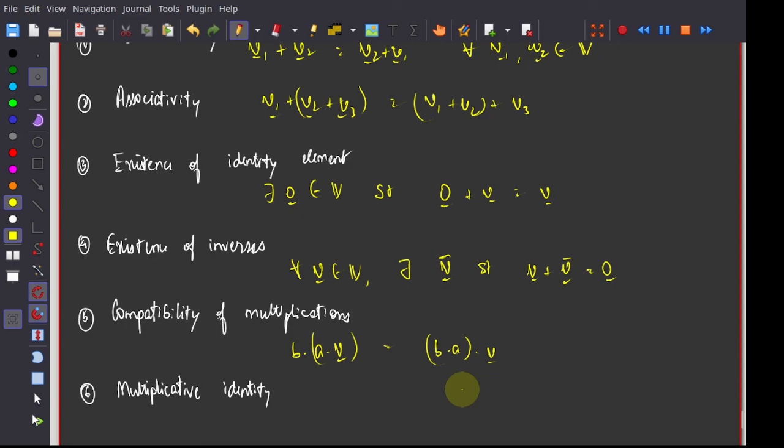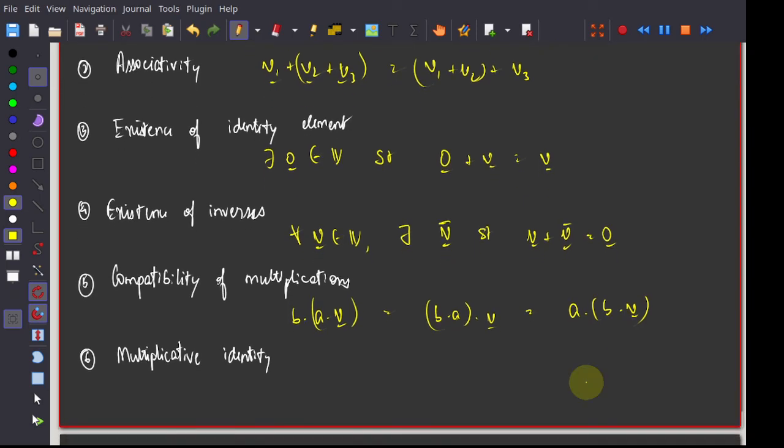So basically, all of these things are compatible and also equal to A times V times V. And the multiplicative identity, so if 1 is the multiplicative identity, it's a field element, then 1 times V is equal to V.